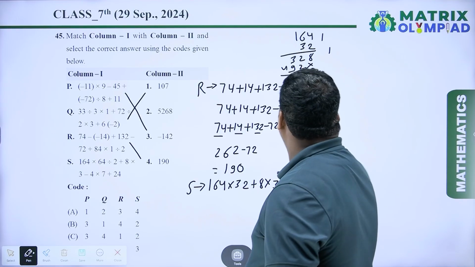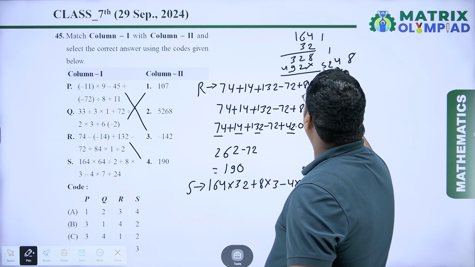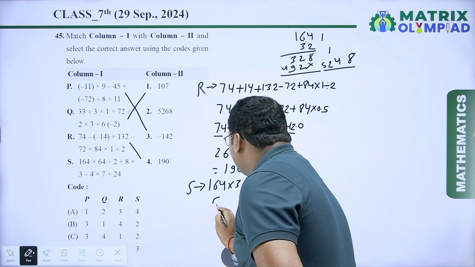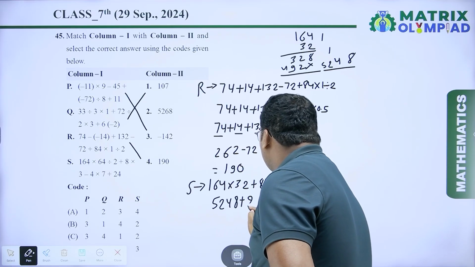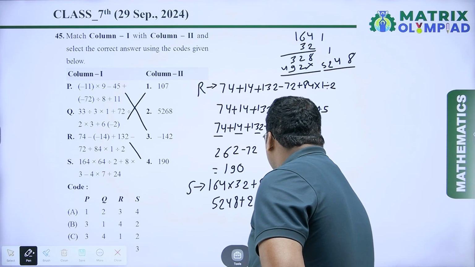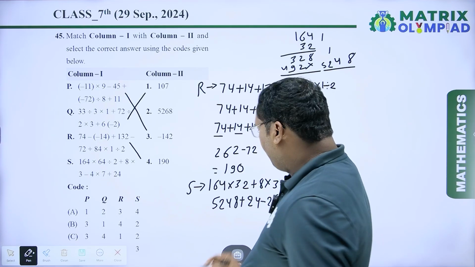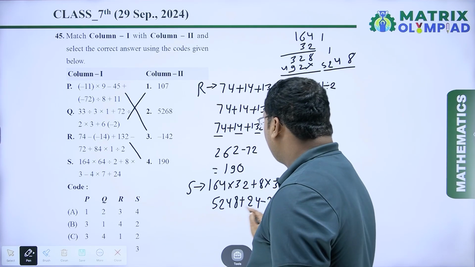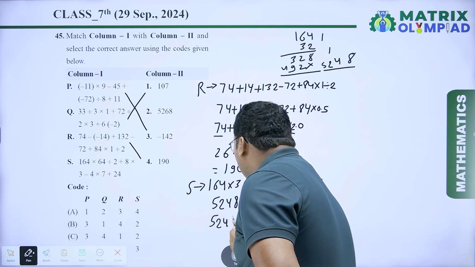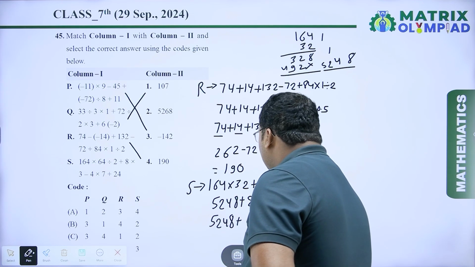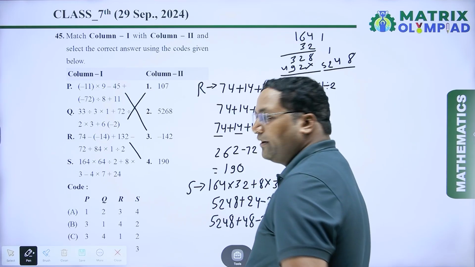So we will get 8, 4, 9 3 12, carry 1, 5 2 4 8. So we will get here 5248 plus 8 3s are 24 minus 7 4s are 28 plus 24. Again we have to add 3 numbers, 5248 plus 24 plus 24. So we have to get 5248 plus 24 plus 24 is 48 minus 28.